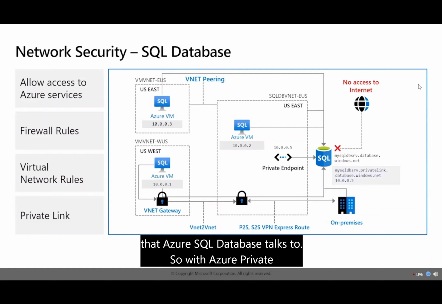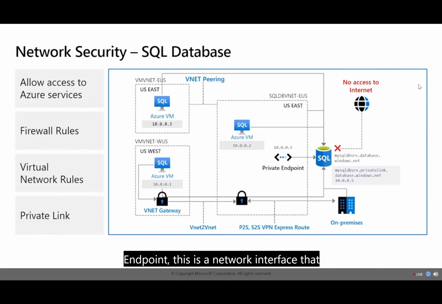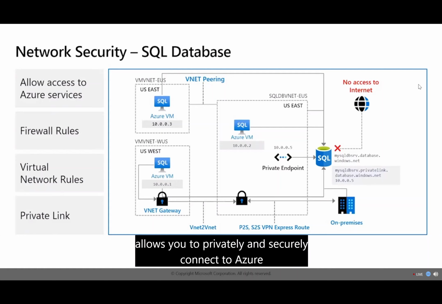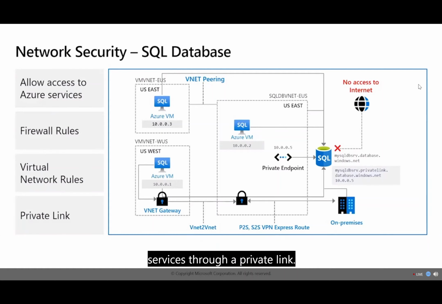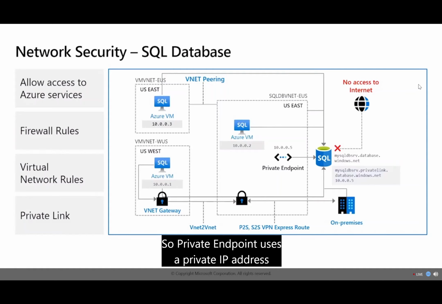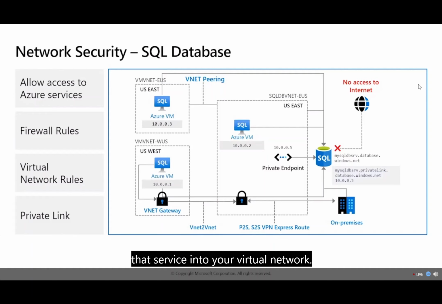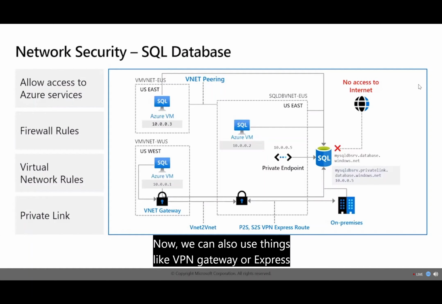Azure Private Endpoint is a network interface that allows you to privately and securely connect to Azure services through a private link. Private endpoint uses a private IP address from your virtual network so that it effectively brings that service into your virtual network. Now we can also use things like VPN gateway or ExpressRoute to connect our on-premises environment to our Azure Virtual Network.